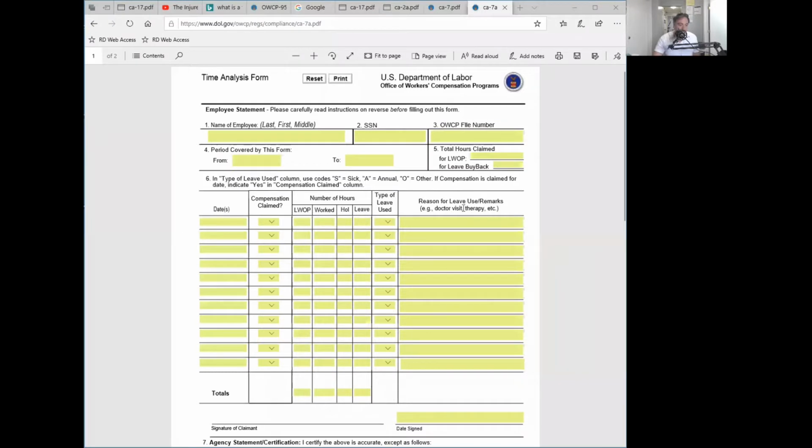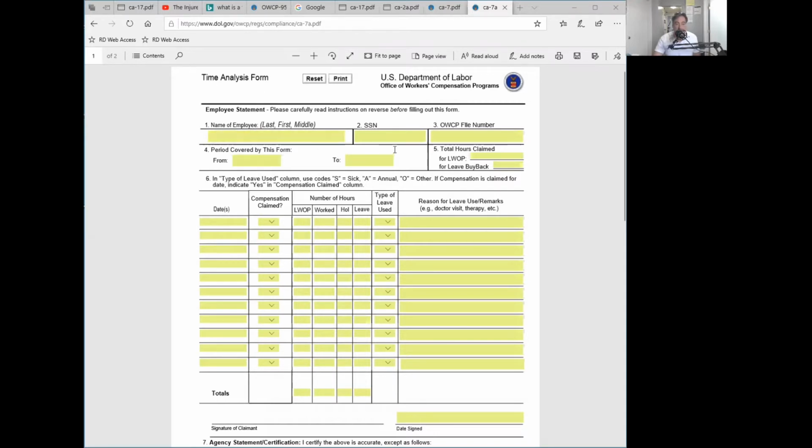First of all, let's take a look at the form and see what it has to say. So, here's the form. The form is a CA-7a. The title is Time Analysis Form.